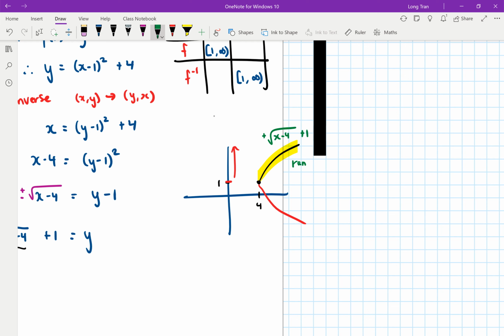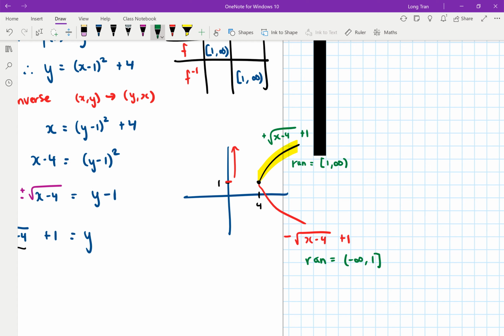The range would be from 1 to infinity, whilst the other one, the negative version, negative root of x minus 4 plus 1, would actually have a range of negative infinity, we don't include it, all the way to 1 inclusive.